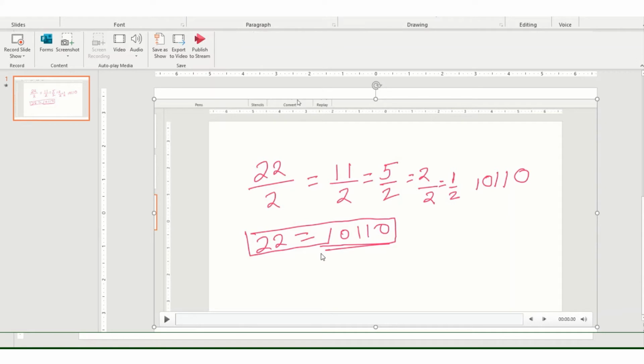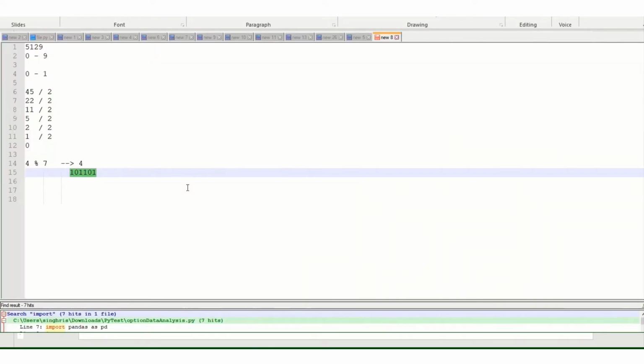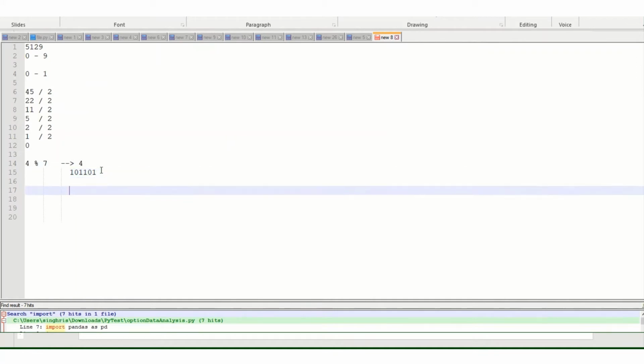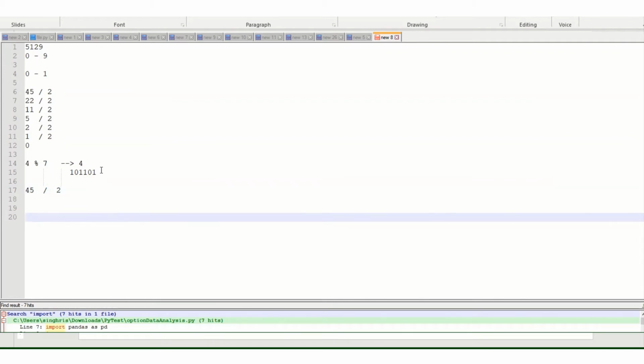There is one more method that we can use to calculate binary numbers, using the same example that we have taken. If you have to convert 45 to a binary number, just check whether this number is even or odd. 45 is odd, right? So simply write 1 here and divide it.